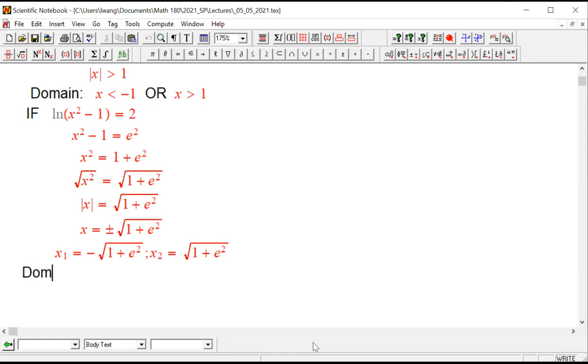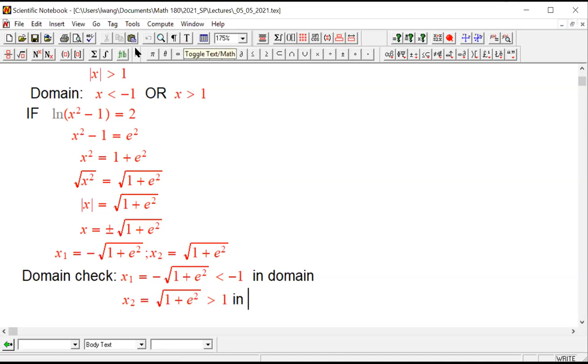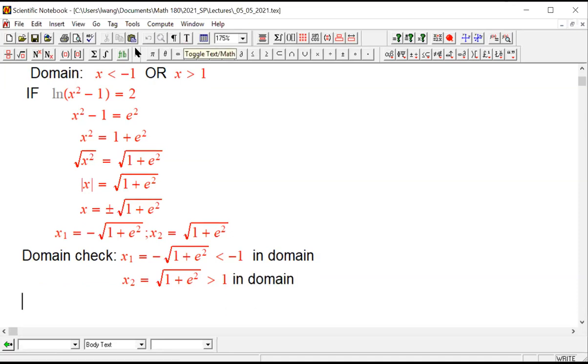Domain check. x1 is less than -1, so it's in the domain. x2 is larger than +1. It is also in the domain. You follow me?